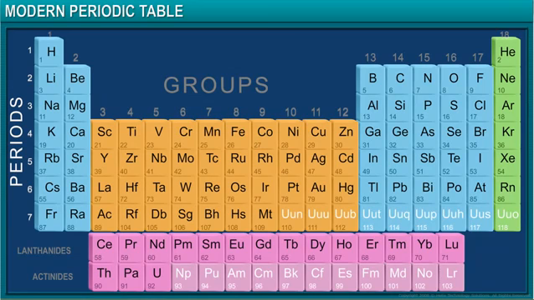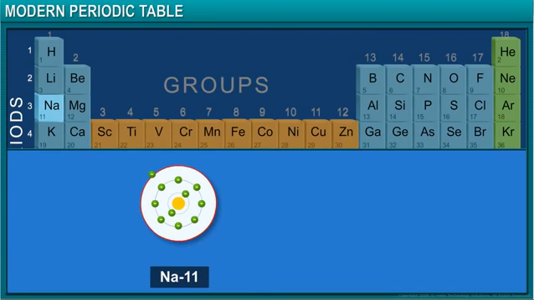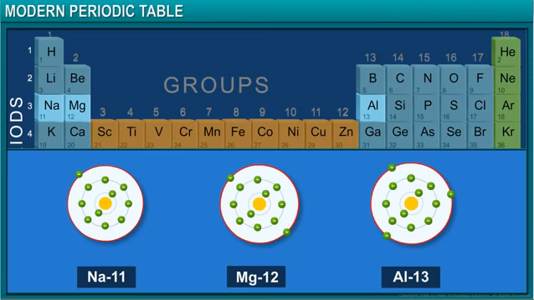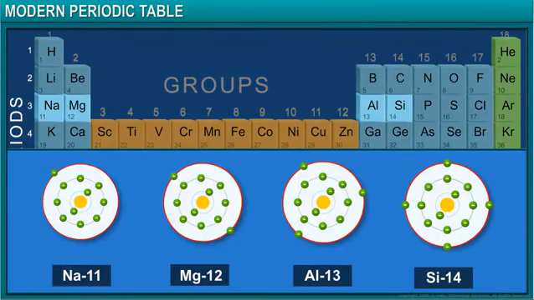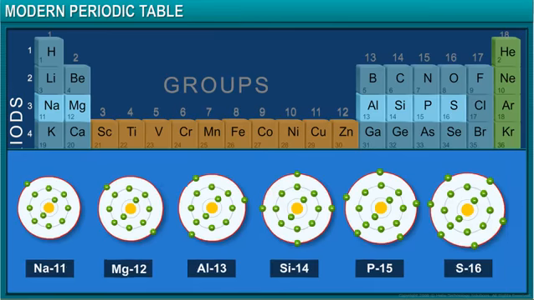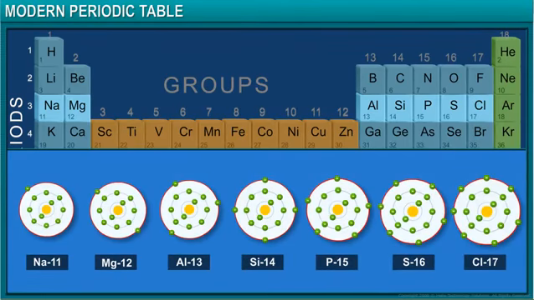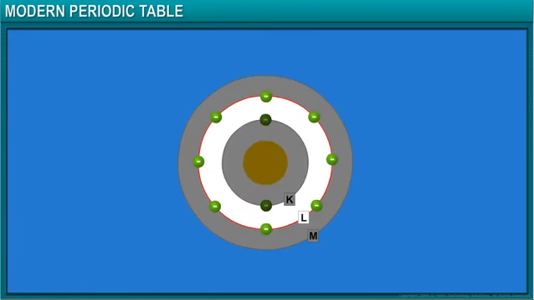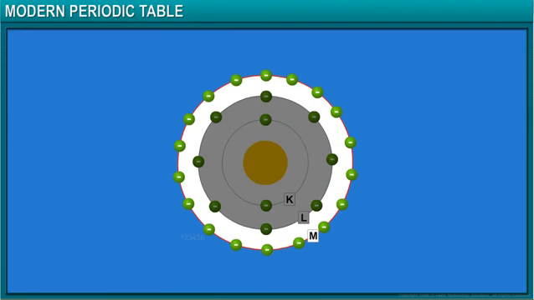For example, sodium, magnesium, aluminium, silicon, phosphorus, sulfur, chlorine, and argon belong to the third period of the modern periodic table, since the electrons in the atoms of these elements are filled in the K, L, M shells.